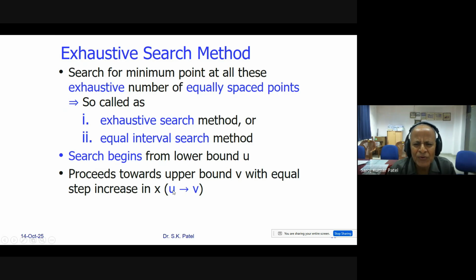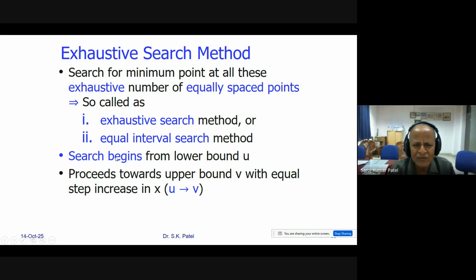So we start from u, and at each and every search point, we find out f of x. So here, we will be finding the values of f at equally spaced points. That's why it is also called the equal interval search method.